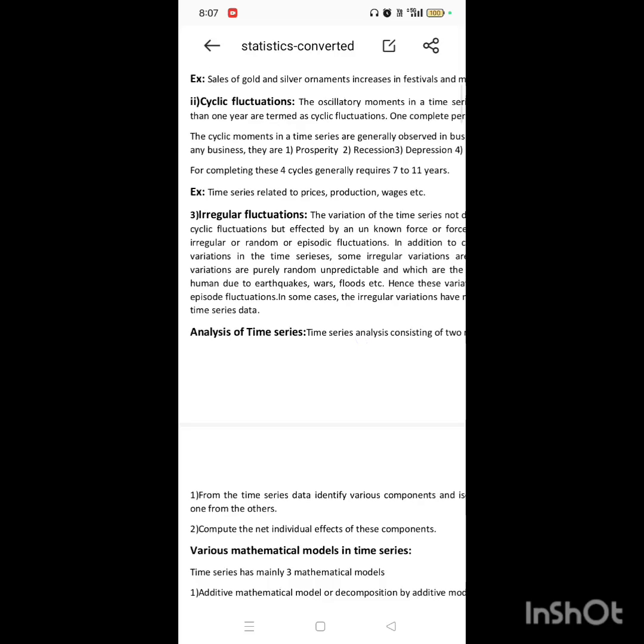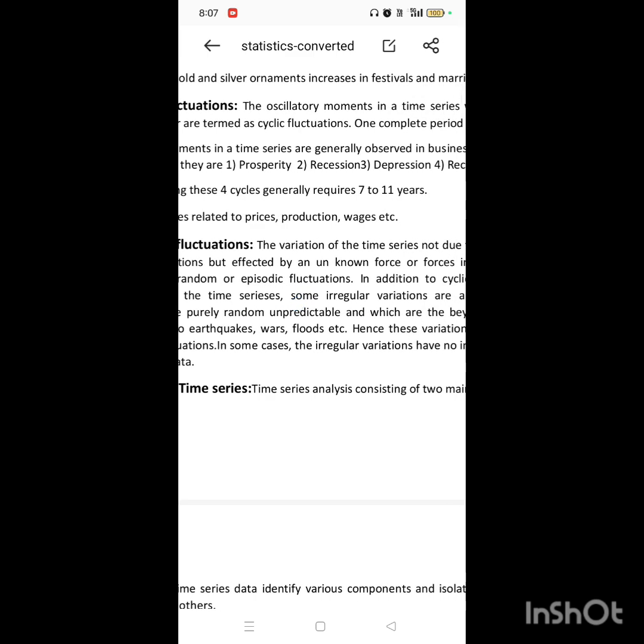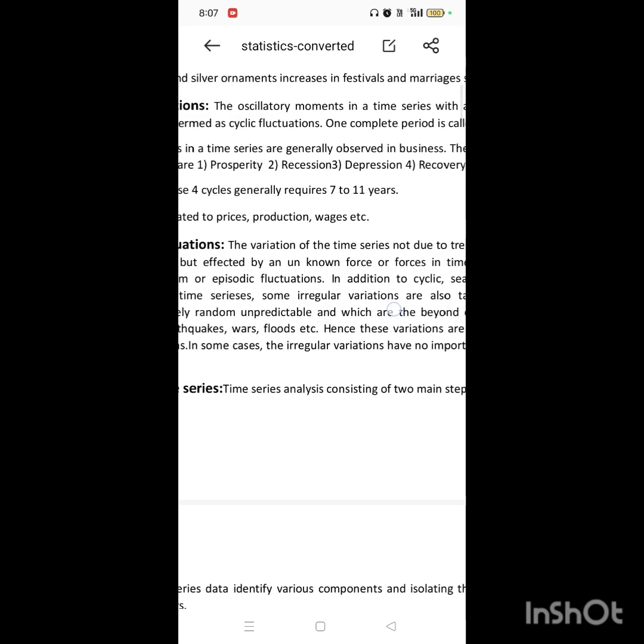So time series related to prices, production, wages, etc. show cyclic fluctuations, and you have these four things: prosperity, recession, depression, and the fourth one, recovery.